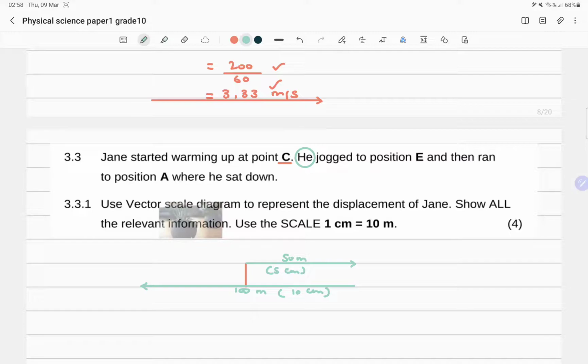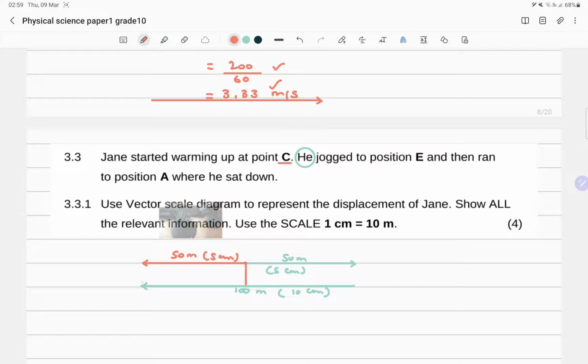Now we want our resultant vector. Our resultant vector is going to be from the starting position to where she ended up, isn't it? It's always head to tail, from the beginning to the end. You can already tell that it's going to be the difference between this and that, which is going to be 50 meters, which is 5 centimeters as well. So that is it, guys. That is the one.